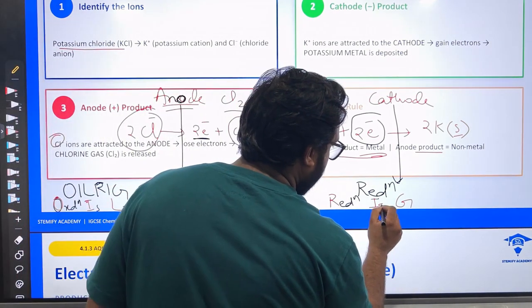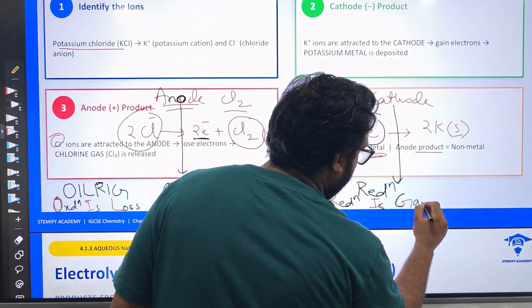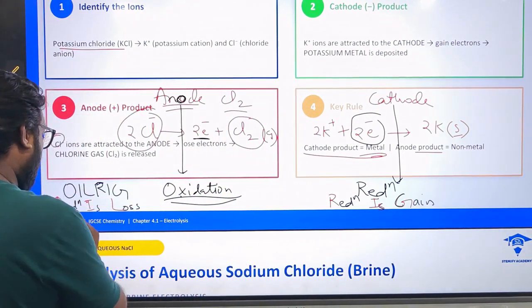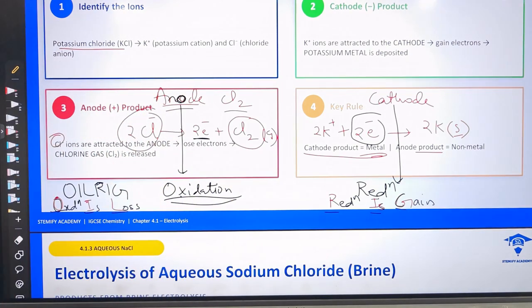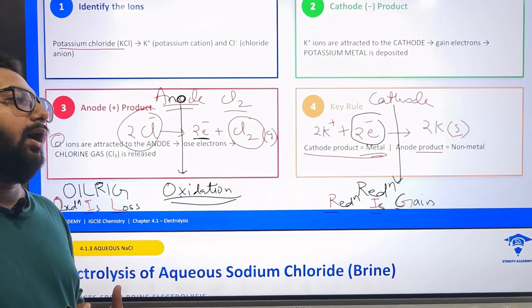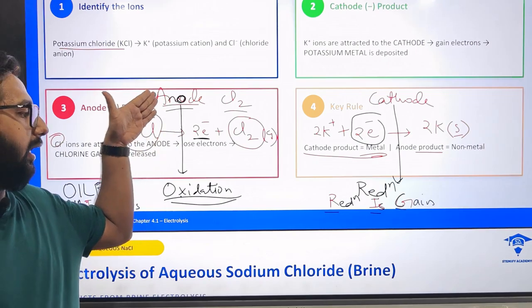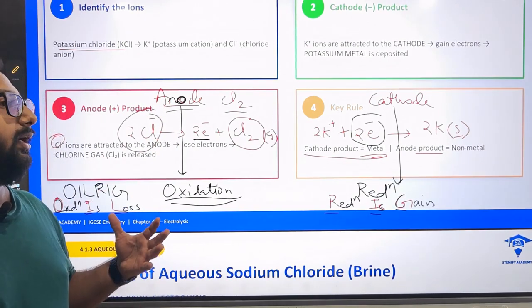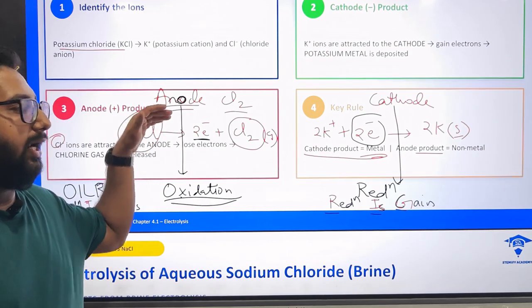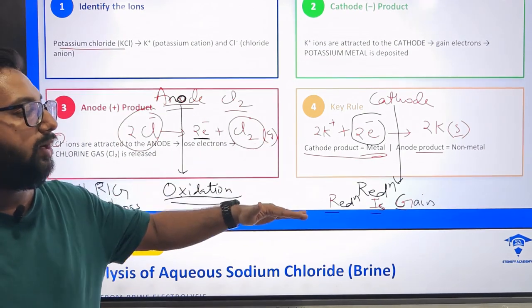So this becomes OIL, RIG. This will be very helpful for you to remember what happens during oxidation and what happens during reduction. And also remember, at the anode, oxidation happens, at the cathode, reduction happens.